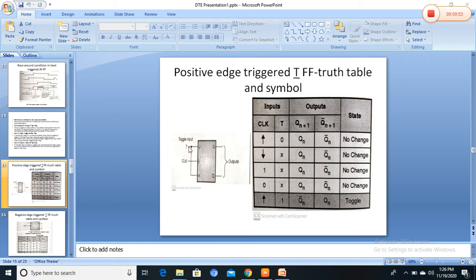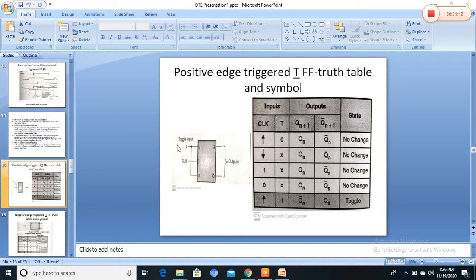It has only one input, denoted by T, and this is the symbol of the positive edge triggered T flip-flop. The clock is applied here, and in the negative edge triggered version, J and K are combined and we get the T input, or T is connected directly.